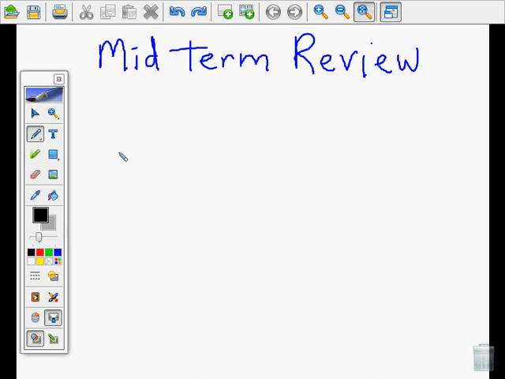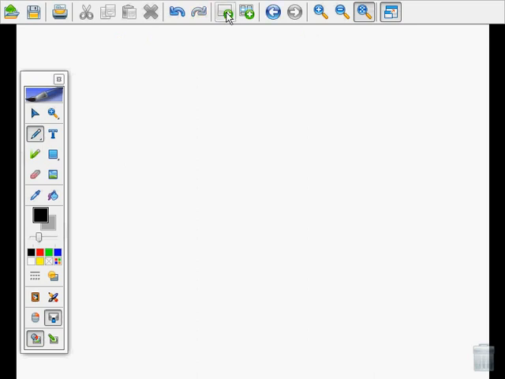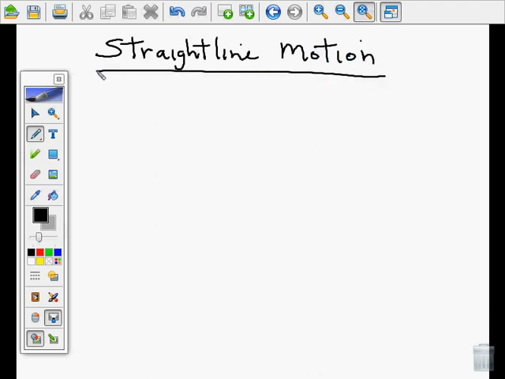All right. So first thing we're going to do is look at straight line motion. There are key formulas that you just have to know like the back of your hand.